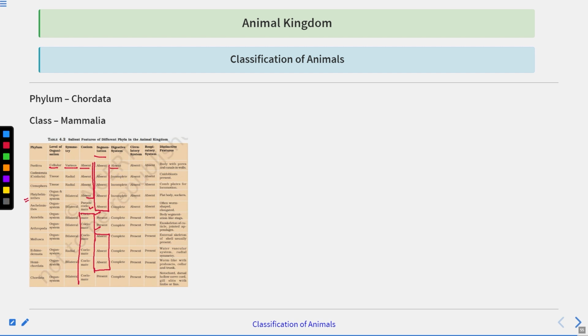Digestive system absent. Incomplete in the case of Cnidaria, incomplete in the case of Ctenophora, incomplete in the case of Platyhelminthes. Why incomplete? Only one opening. Now from Aschelminthes, you can see it is complete, meaning they have two openings, that is mouth and anus. Circulatory system absent, absent, absent, absent till Aschelminthes. So from Porifera to Aschelminthes, it is absent.